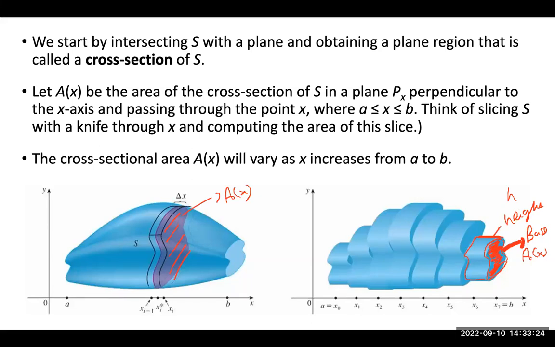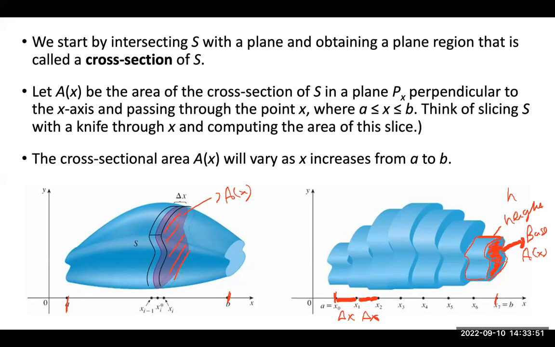So if our shape starts at a and goes all the way to b, we keep making slices from a to b. Remember, the rectangles we used to cut always had the same width, delta X. Here, we're going to make them all the same thickness, so from here to here is delta X, and from here to here is delta X.